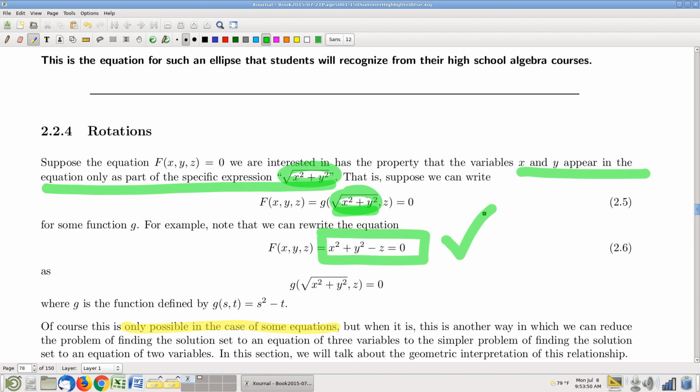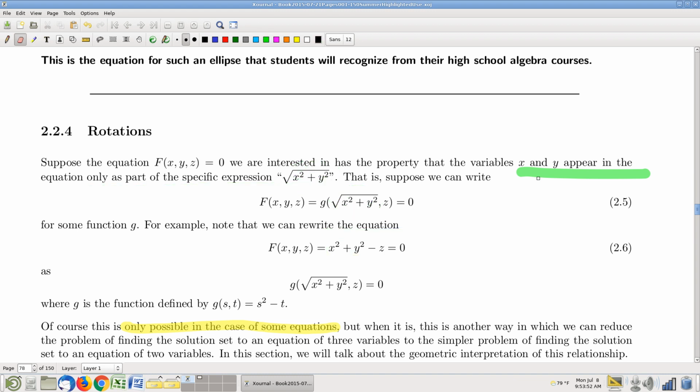Right, so specifically, what you have here is that square root of x squared plus y squared, when you square it, gives you that part of the equation, and the rest of that equation is like that.